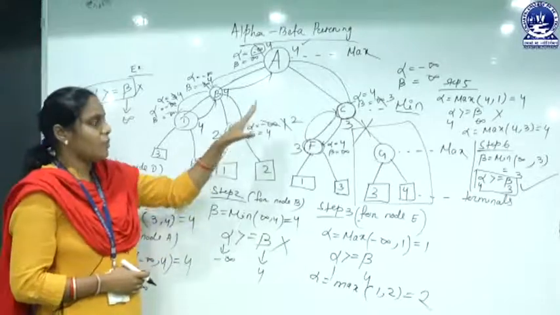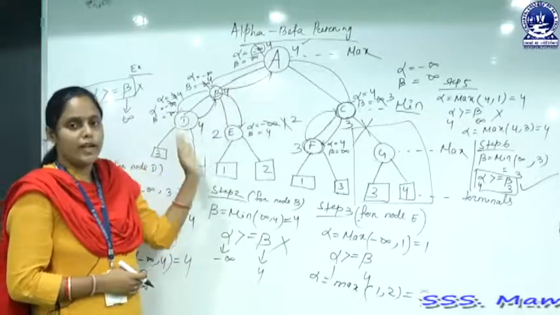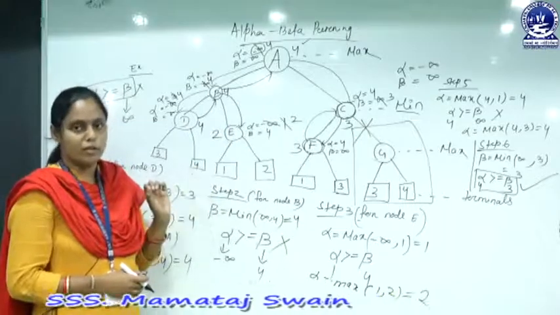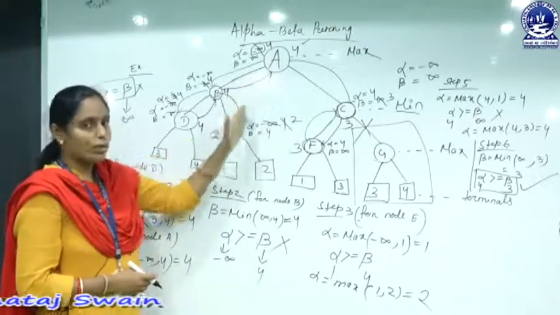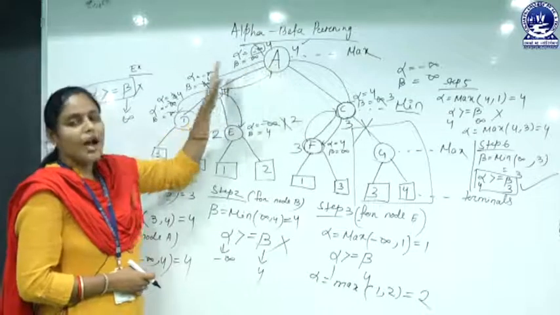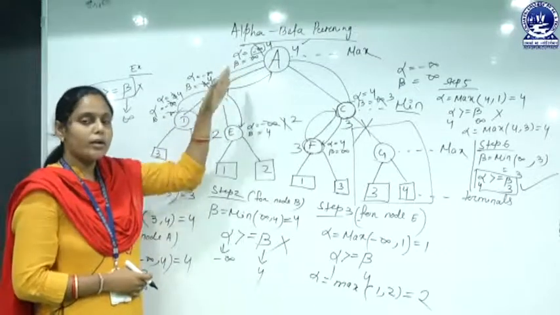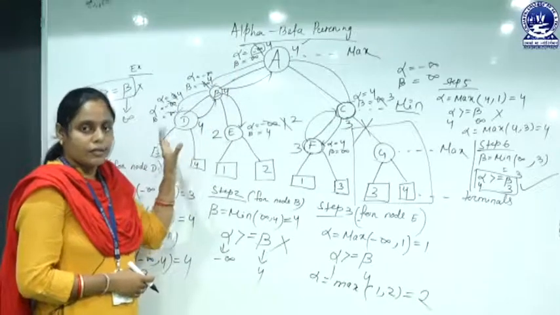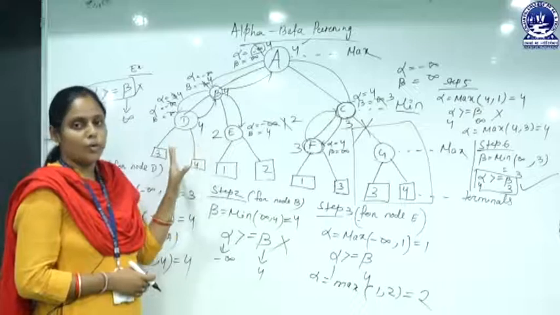For this reason, first of all we go to the depth to reach the terminal nodes, like the min max algorithm. When you go to the depth node, at this point you pass the alpha beta value from one node to another node. But when we backtrack, then you pass the node value.